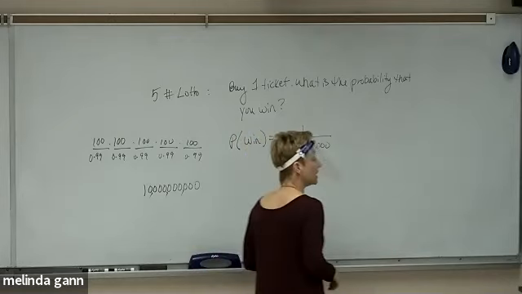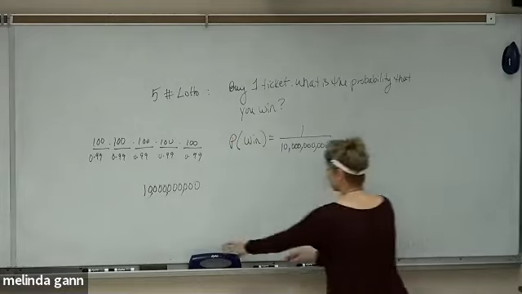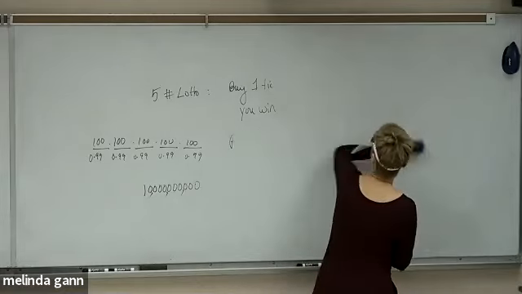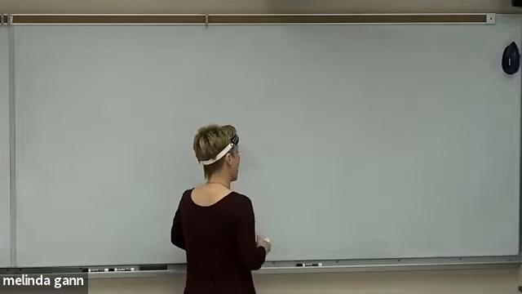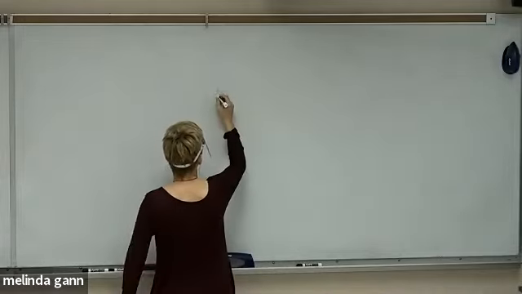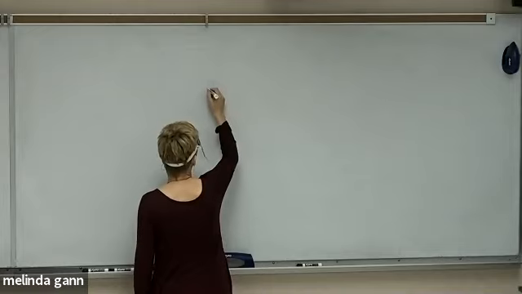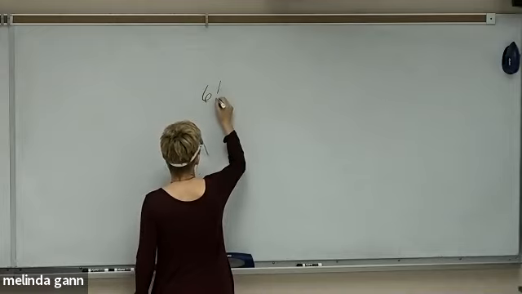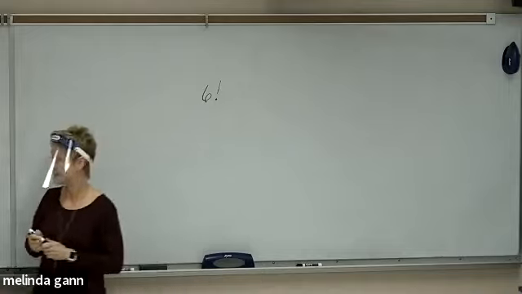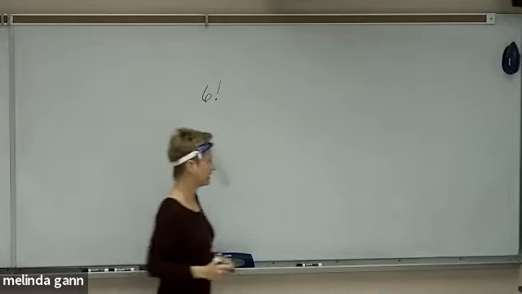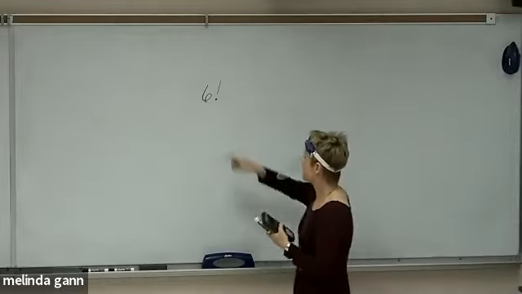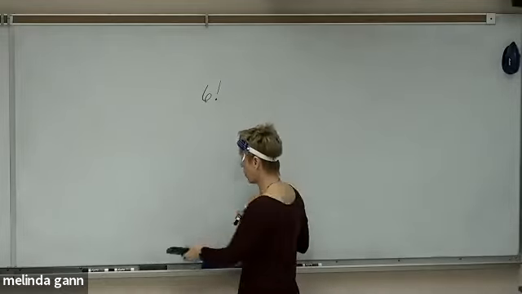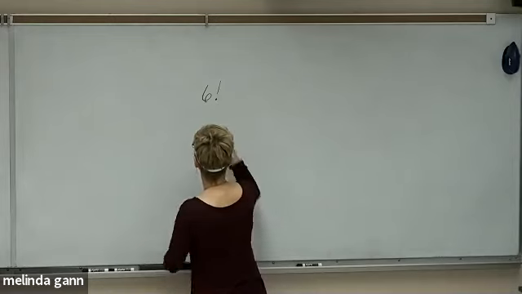Okay, now, let's talk about permutations. Let me show you this symbol and make sure we're clear. So your calculators are out. That is not an excited 6. This exclamation point is called a factorial symbol in math.